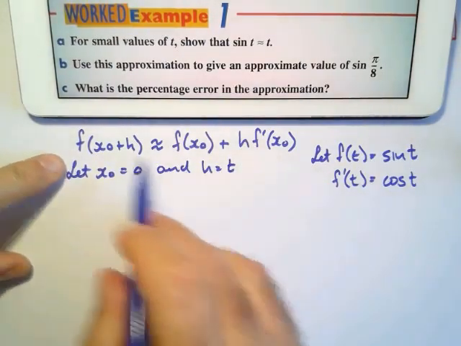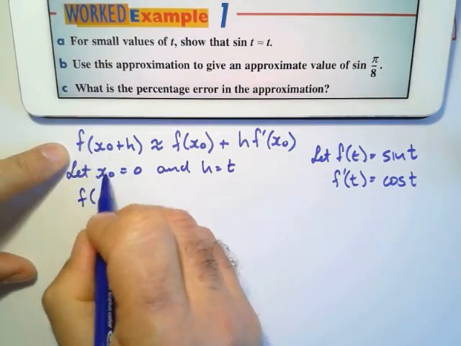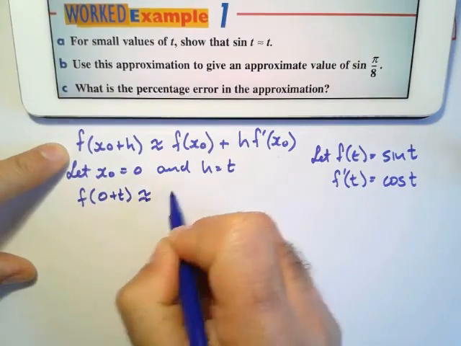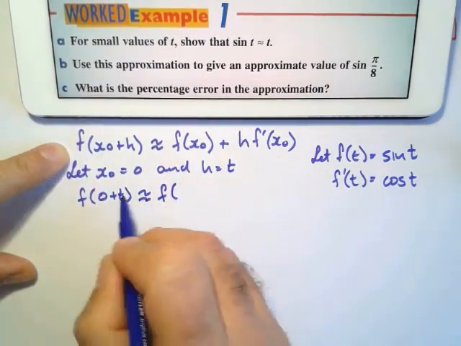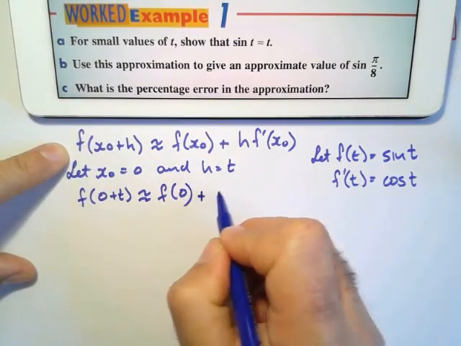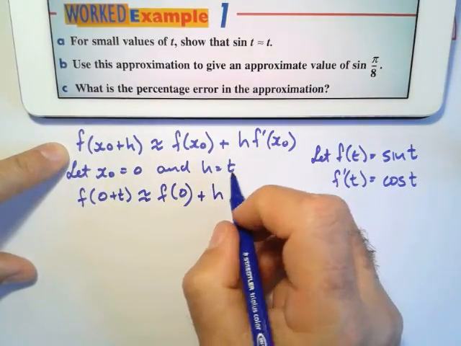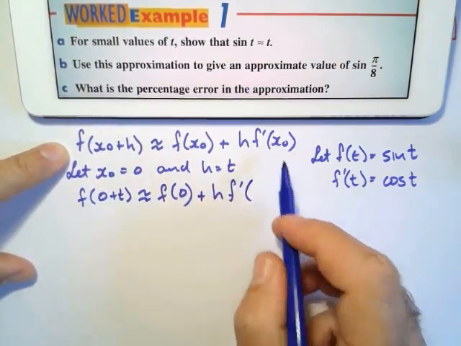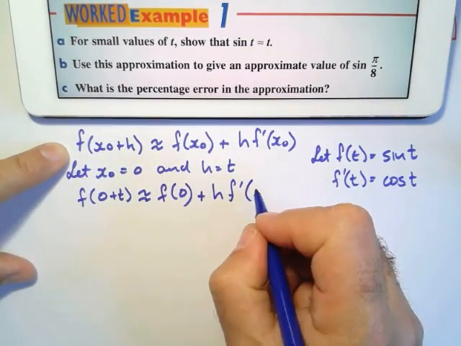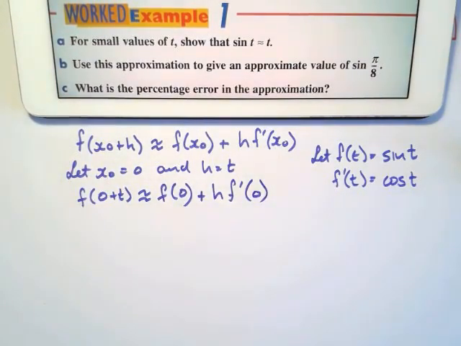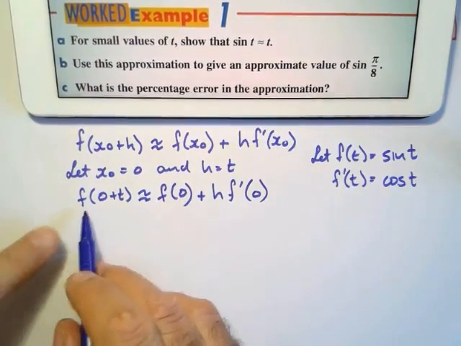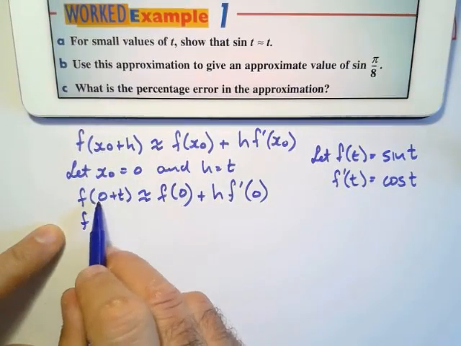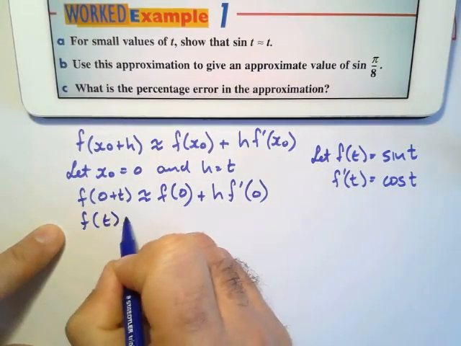Now I'm going to substitute this in here. So it's f at x0, which is 0 plus t, is close to f at x0, which is 0, plus h multiplied by the derivative at x0. So f at 0 plus t, and 0 plus t is t, so that's f(t).